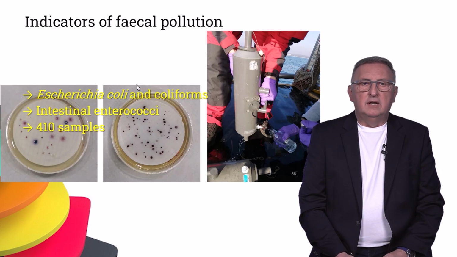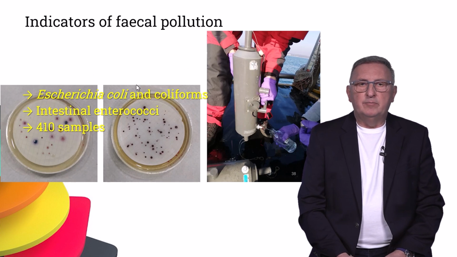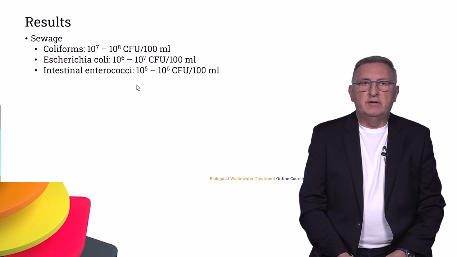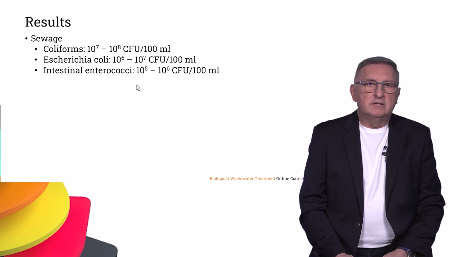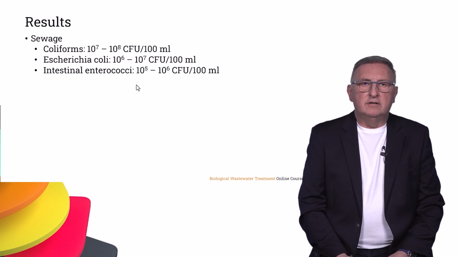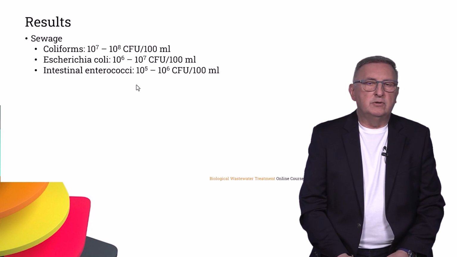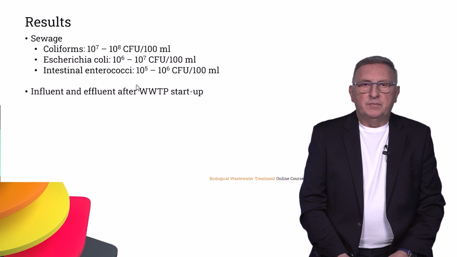We performed about 410 samples and we obtained very nice analysis. In terms of results, the results showed really normal concentrations in sewage, ranging from 10 to the power 7 to 10 to the power 8 of coliforms, so there were no surprises here.